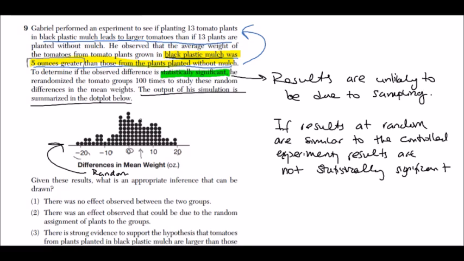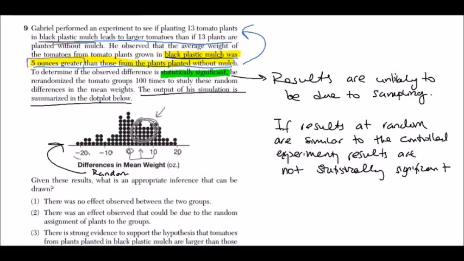And if we look in the random simulations, it looks like we still got a lot of 5 ounce differences. So that means that because these results can be easily acquired randomly, the black plastic mulch likely did nothing, or at least we can't say conclusively that it did anything, because these results are so common in the random simulation.